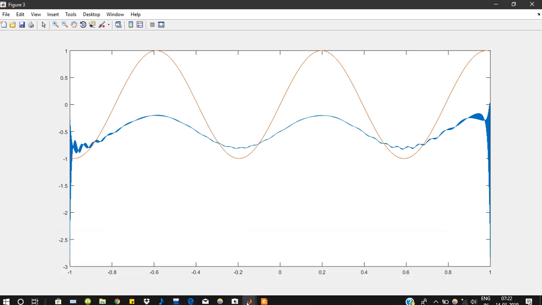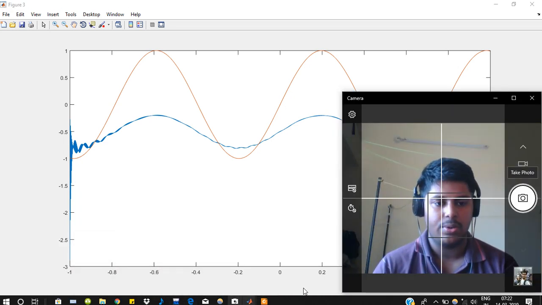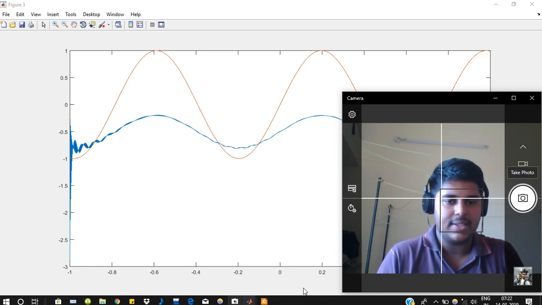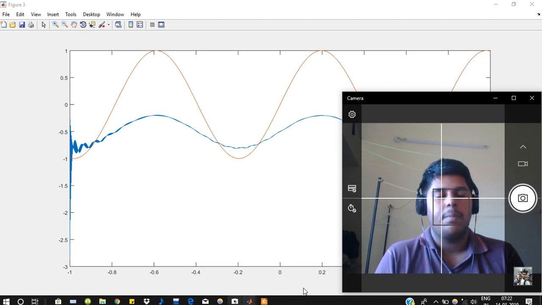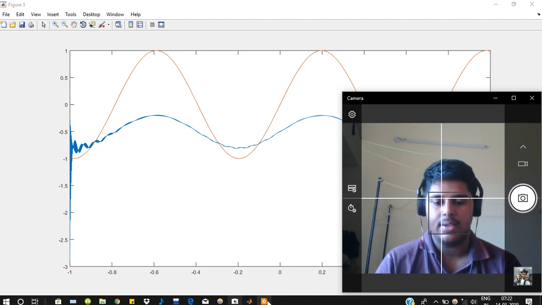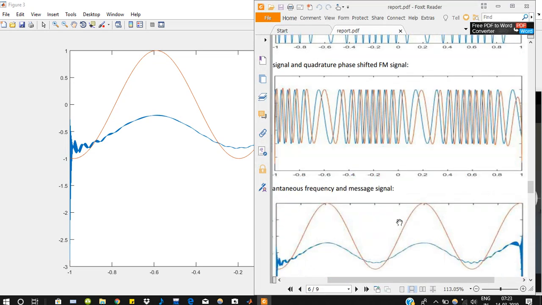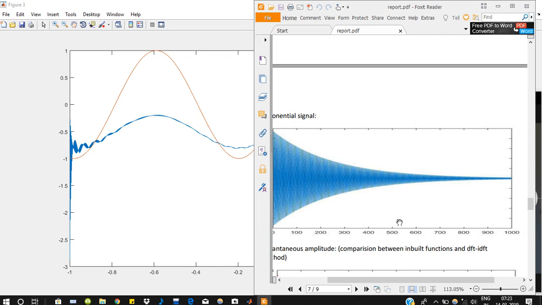Having discussed these techniques, today I would like to show you the same kind of analysis on a power line signal as well as an exponential signal. For the exponential signal, I have created a report over here, and this is my exponential signal. As you can see, the amplitude is exponentially decaying, while there is a high frequency varying sinusoid in between.